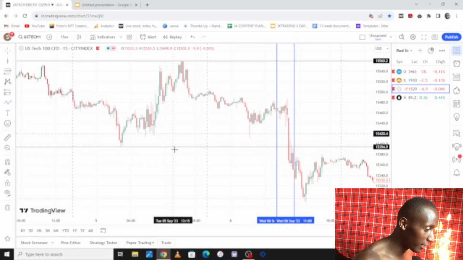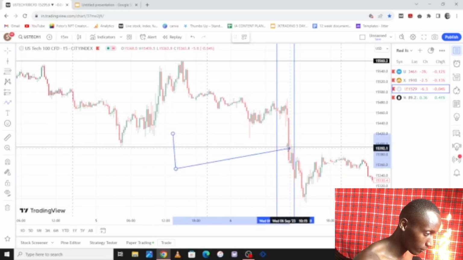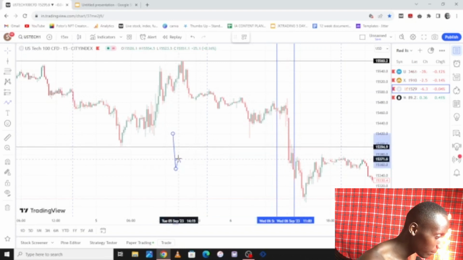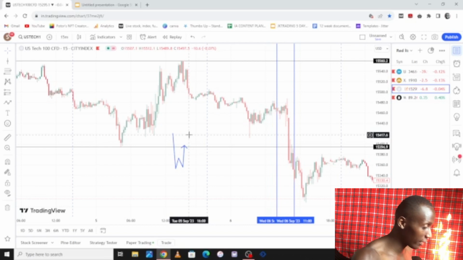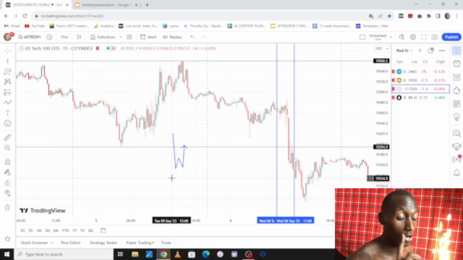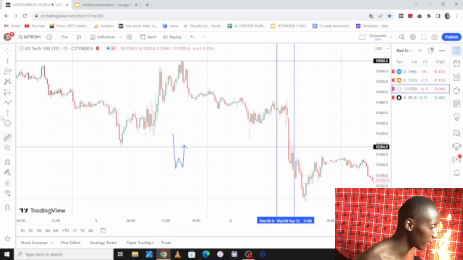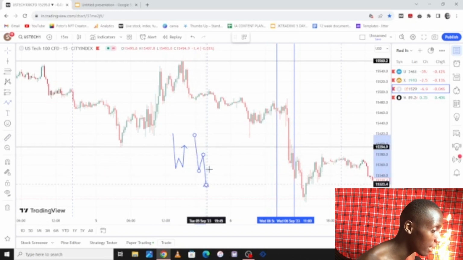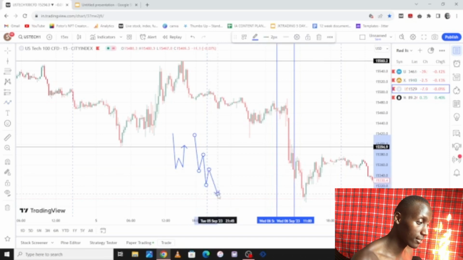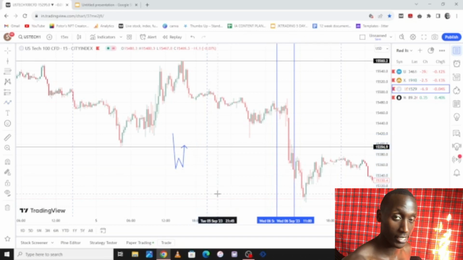So this being the breakout, I want to see price giving me a W pattern with a break in structure. So when I see a breakout, that instrument gets my attention. So what happens after the breakout? Do we get a W pattern or we get a continuation pattern, which is just price continuing down? That is crucial. Price action is king here.